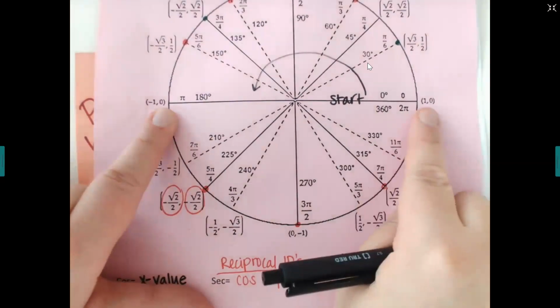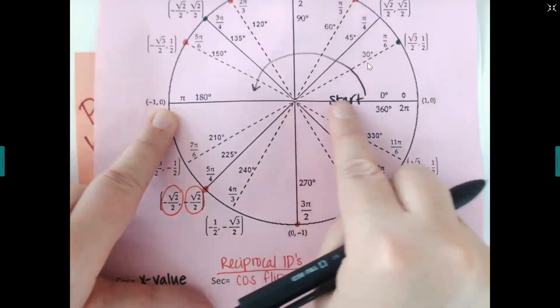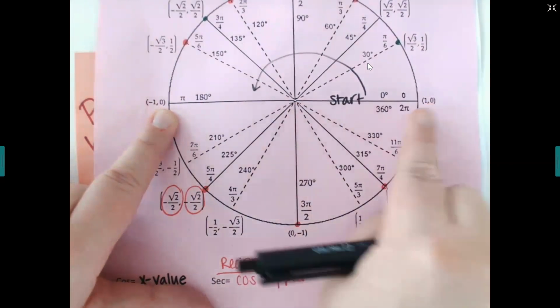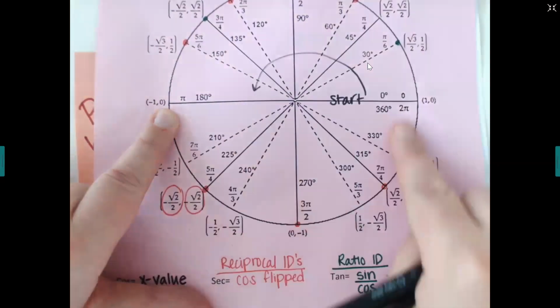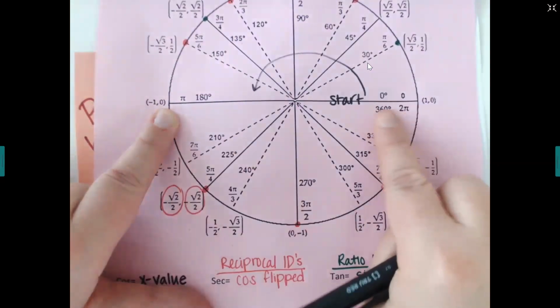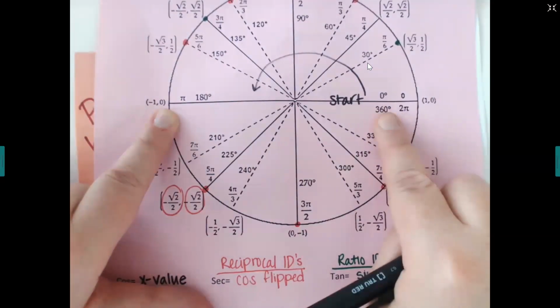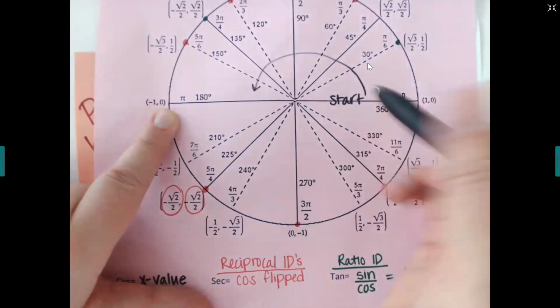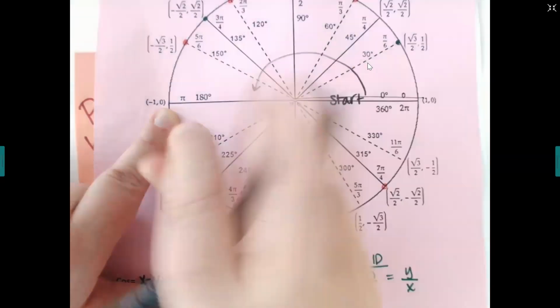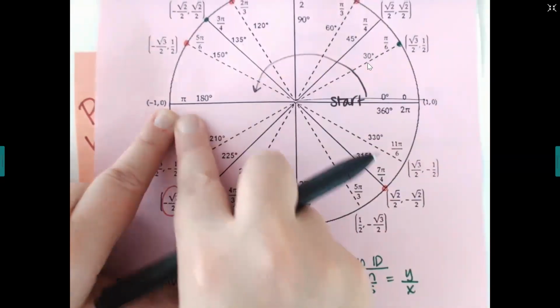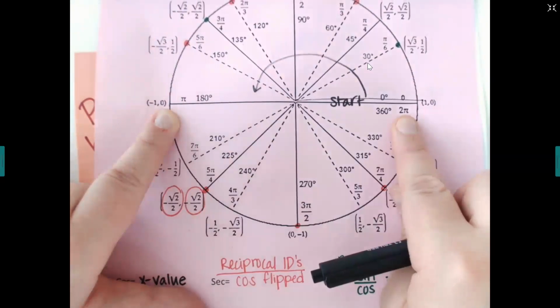Now, this is going to give us 3 total answers. Here's why. This is 0 degrees, 180 degrees, and also 360. Same thing for radians. This is 0 radians, pi radians, and then 2 pi radians.